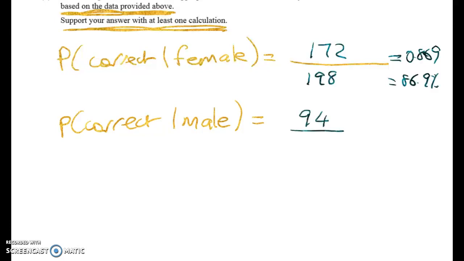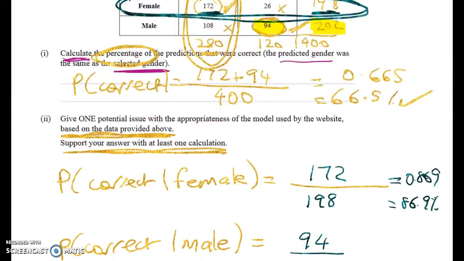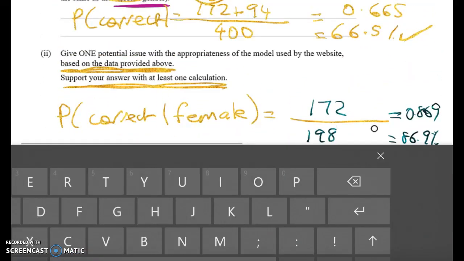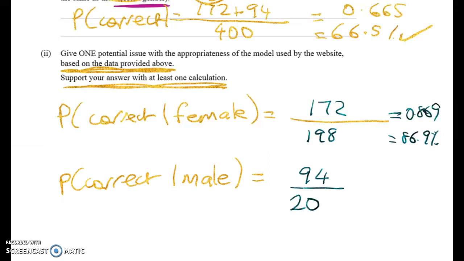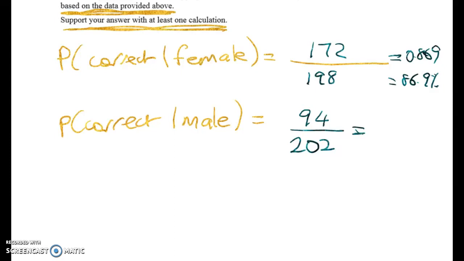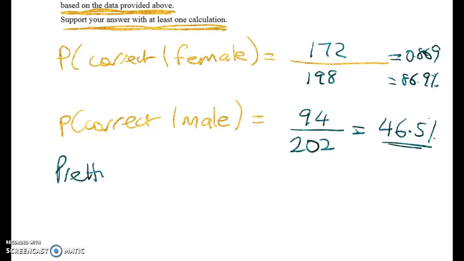So it's, let's see, is that right? Correctly predicted male. Yeah, 94 out of 202. Okay, so that works out to be, I think, about 46.5%.